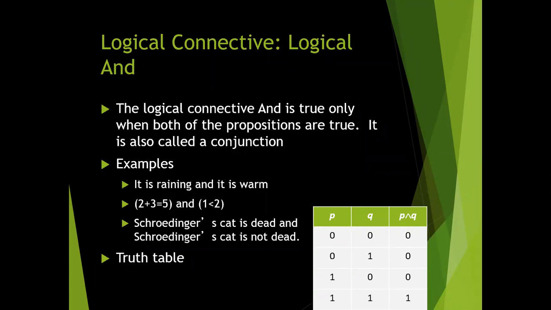P false, Q true: not both are true, so AND will become false. P true, Q false: not both are true, so AND will become false. P true, Q true: both values are true, so the AND connective will work and the output will also be true.